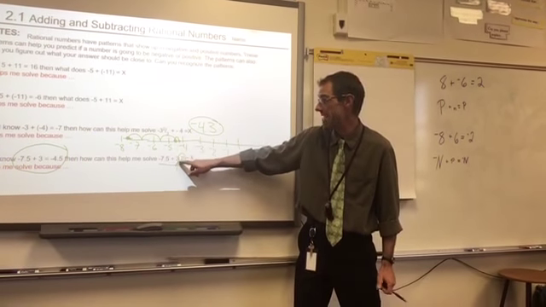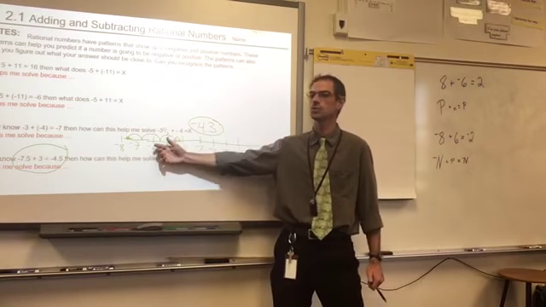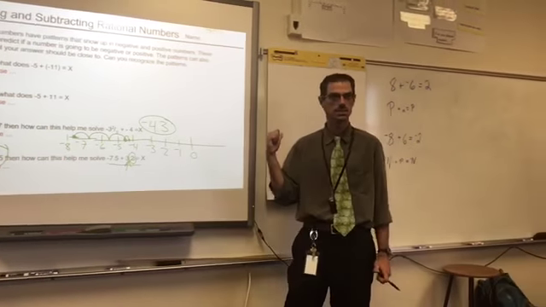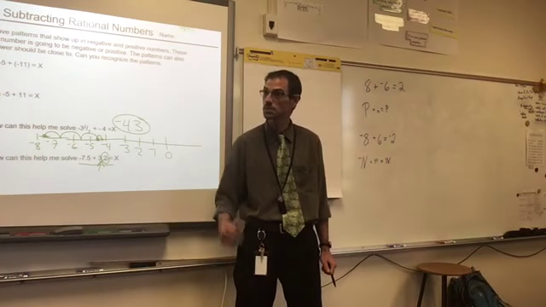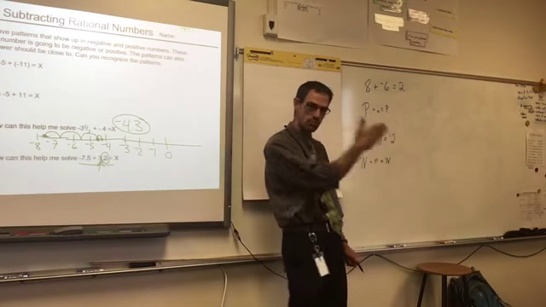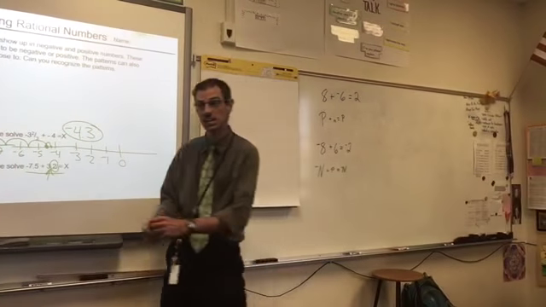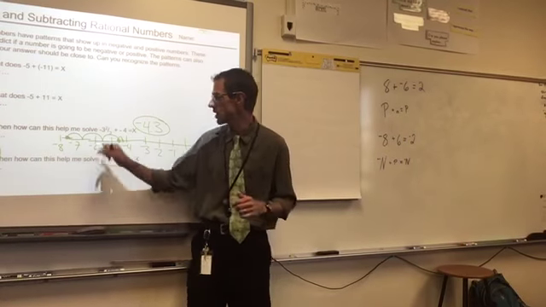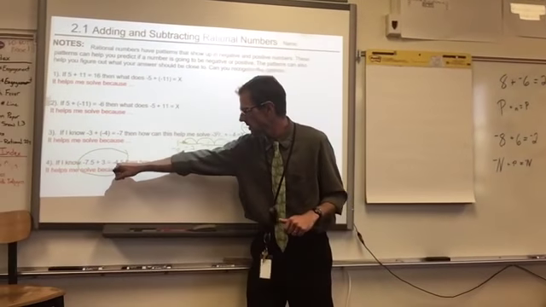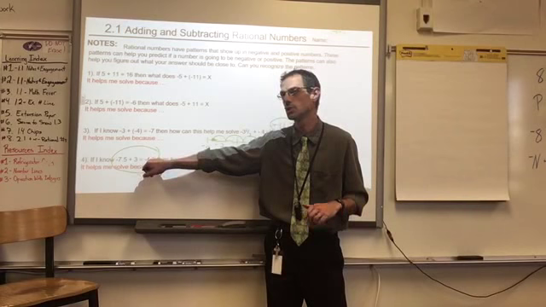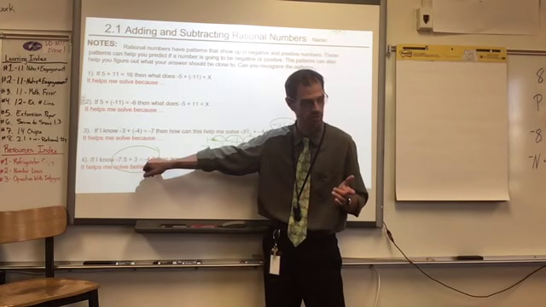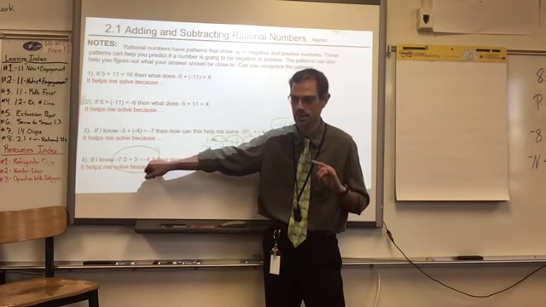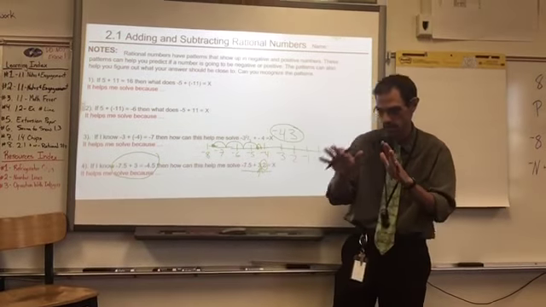And because I'm adding a positive 0.2, I move to the right. Does that help you? It's a positive 0.2. So I keep moving to the right. If it was a negative 0.2, which way would I go? Left. I'll go left 0.2. All right. Which then helps you see, should I make this number's absolute value greater, or should I make the absolute value less? Kind of helps you figure that out.